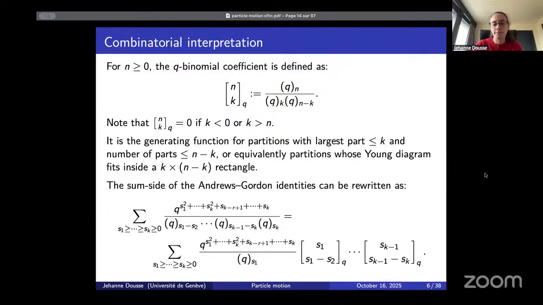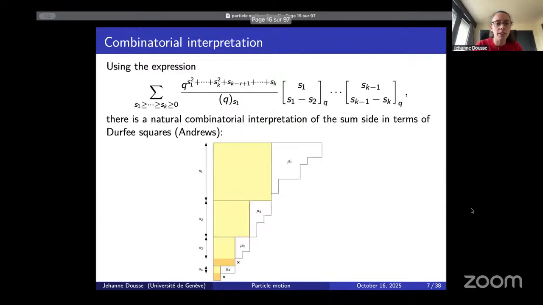And if you want to rewrite this, it's just a small calculation, you can rewrite it using those Q binomial coefficients. And in that way, there is a more natural combinatorial interpretation, which was given by Andrews, and which is the following.